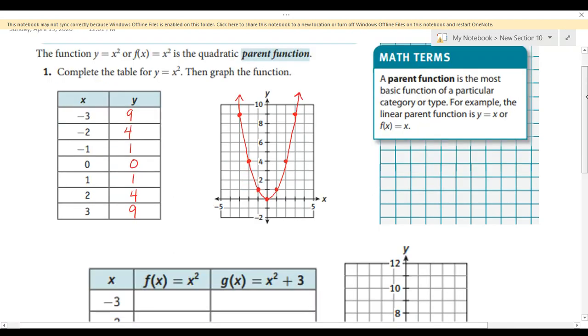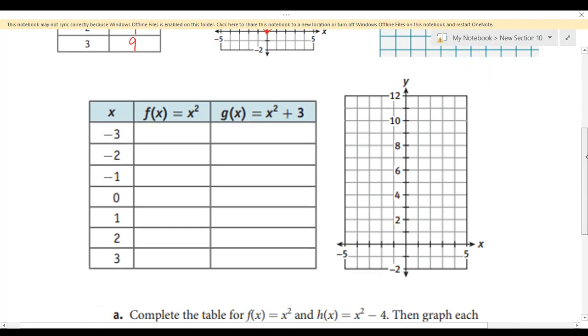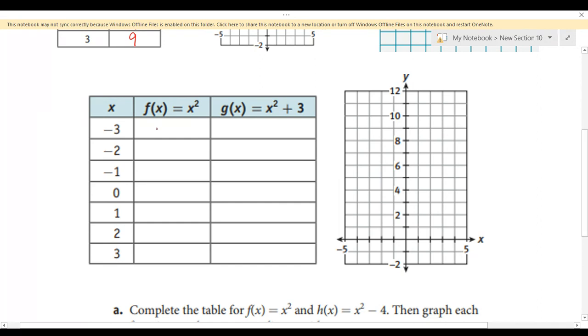Now we're going to find out what happens if we change our parent function a little bit. So again, these numbers are going to be the same. I'm going to go ahead and put my parent function on my graph real quick. 2, 9, negative 2, up to 4, negative 1 to positive 1, 2 to 4, positive 3.